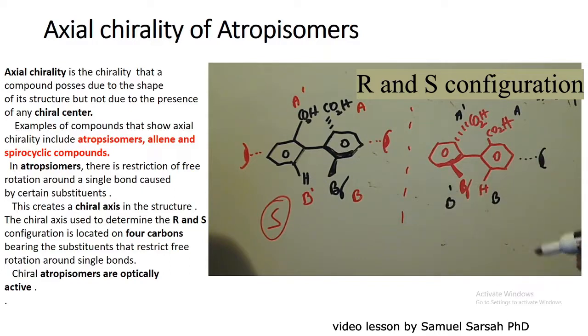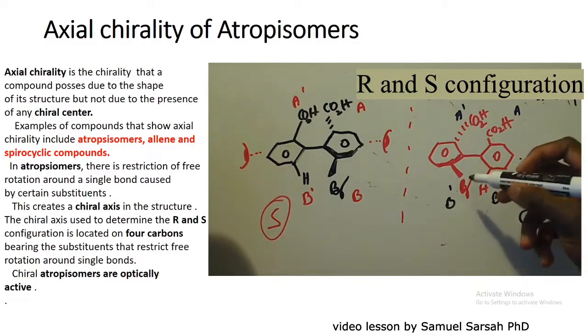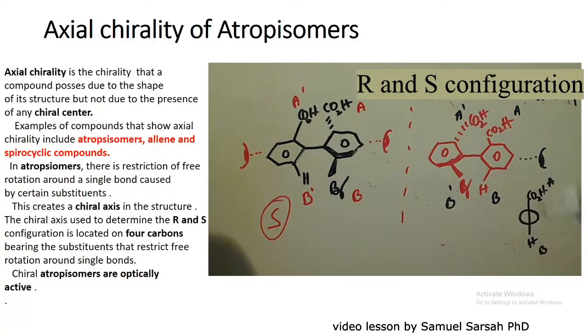Okay, in that case I'll see A and B first. And then A prime and B prime will be coming from behind. Now I'm going to see the bromine on my left, and the carboxylic acid will go to my right.